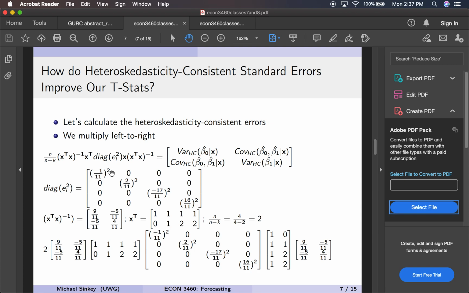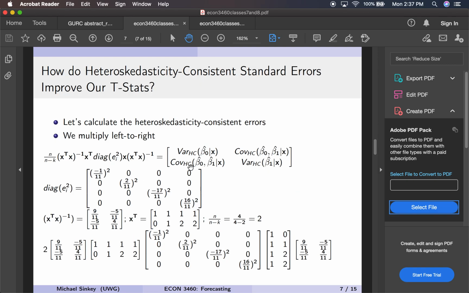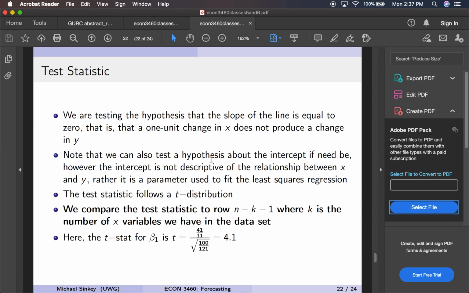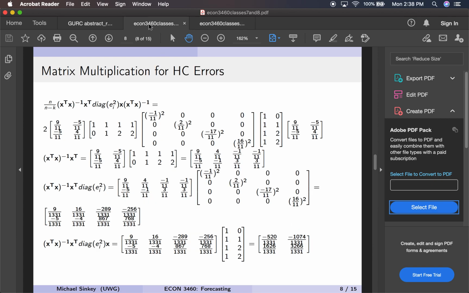And we multiply left to right to find the new standard errors. You can see that this is just a ton of work. You are not required to do this, but I do want to show you how the errors that you get in R are constructed. So you can see a comparison of our previous standard errors to the ones that we have on this slide. You compare these two to each other.